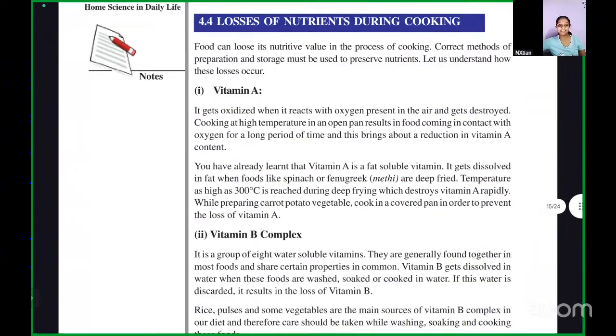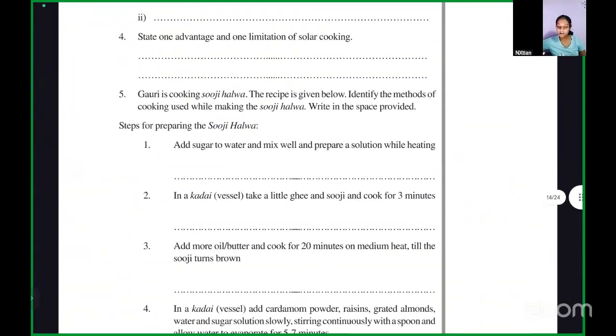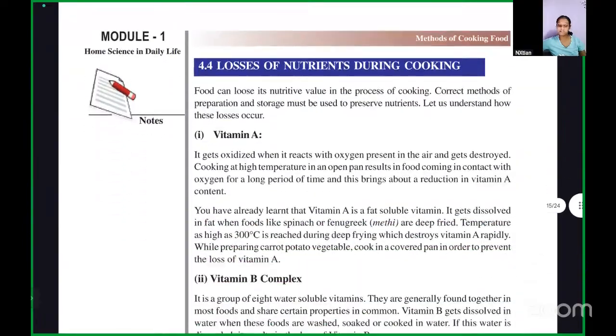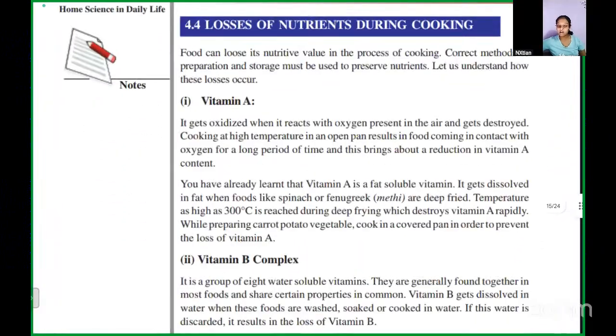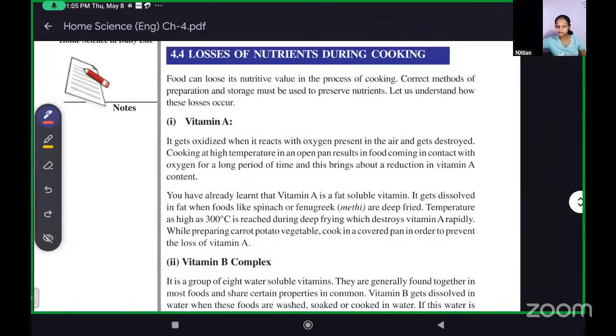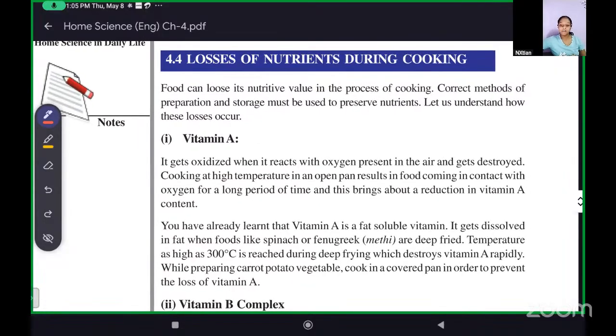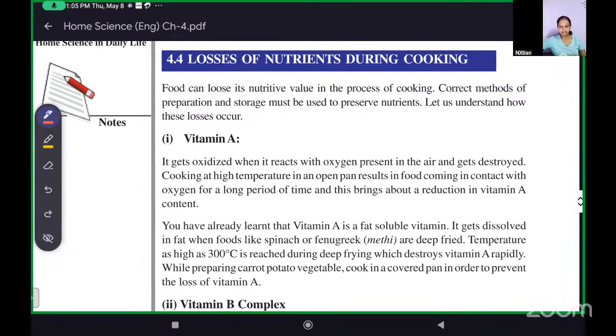Now, we have the next topic, that is losses of nutrients during cooking. Sometimes food might lose its nutrients. What are nutrients?